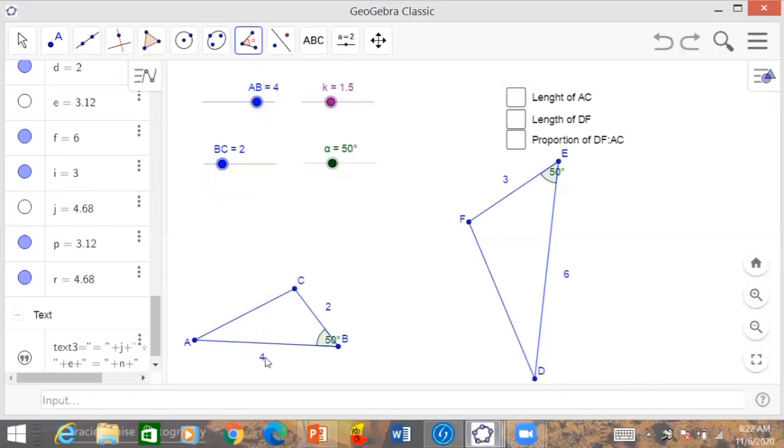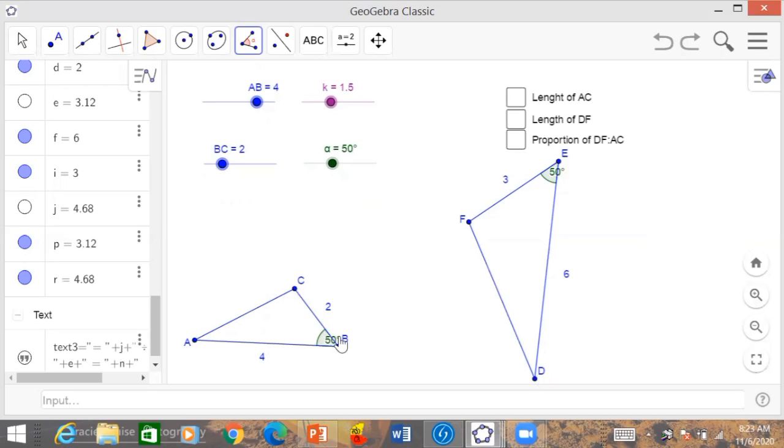Here I have constructed two triangles with angle B equal to angle E. Angle B of one triangle is equal to angle E of another triangle, and sides including the angle B means AB and BC.